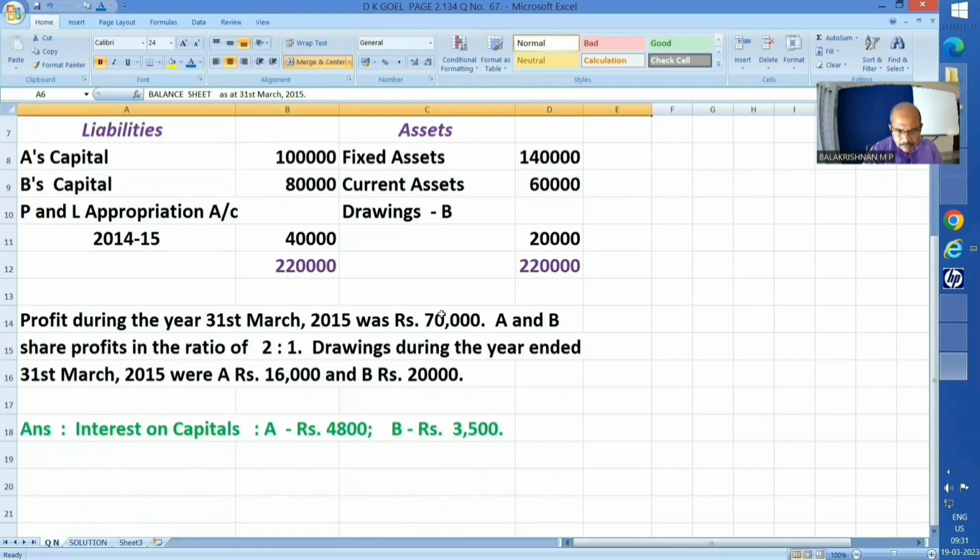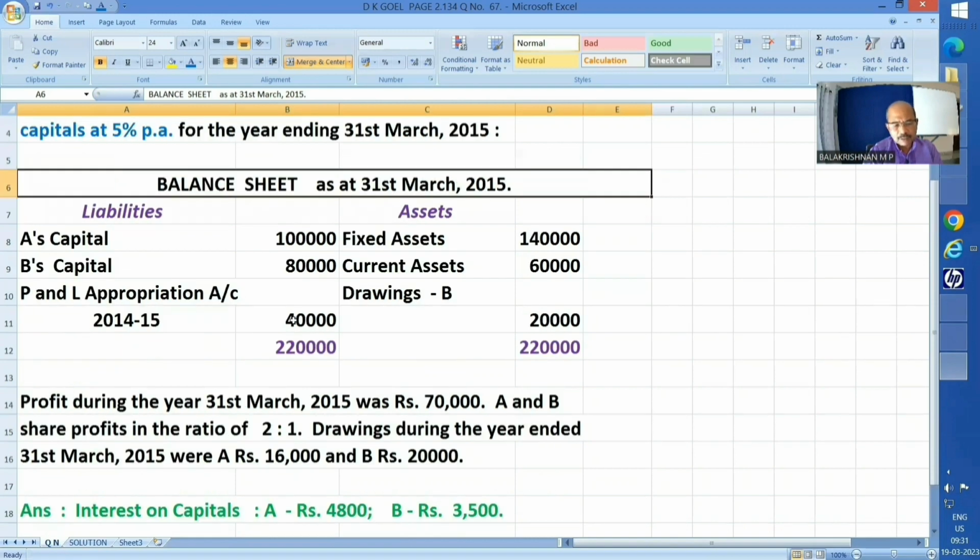But here we can't do it like that, because 40,000 appears against P&L appropriation account in the balance sheet liability side. How should we deal with this amount? It simply means that to the extent of 40,000 profit has not been distributed to the partners' capital accounts. Hence, it is appearing separately within the balance sheet liability side.